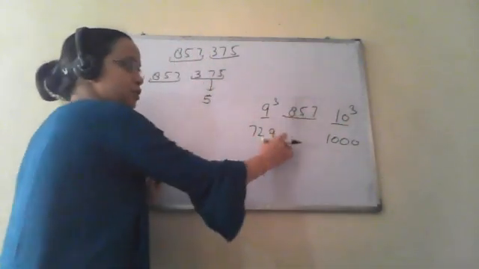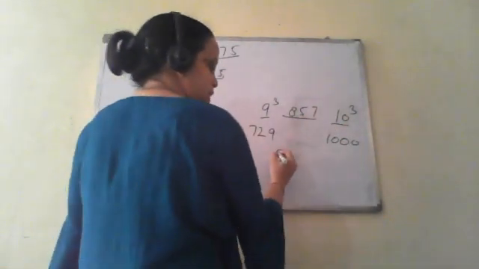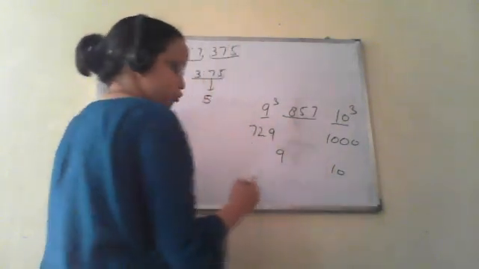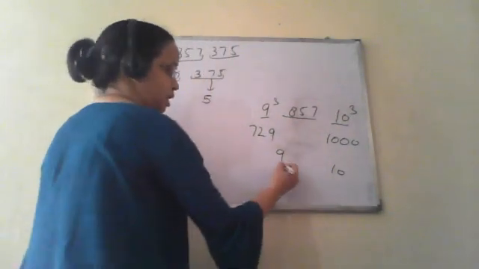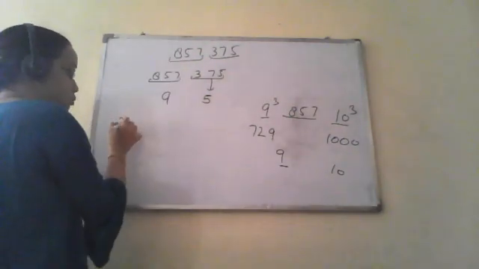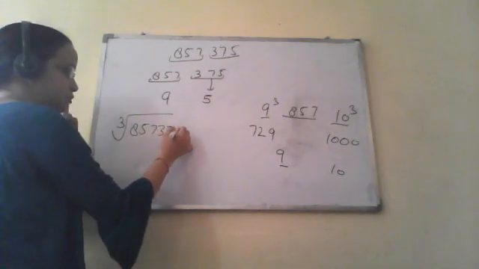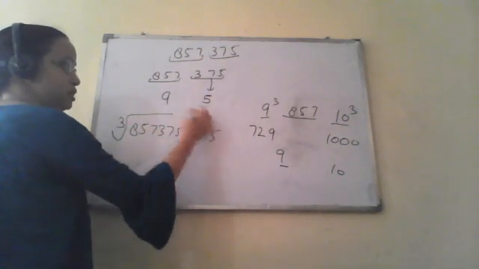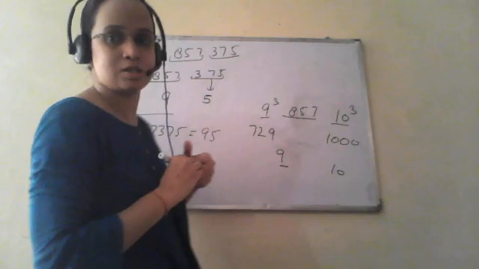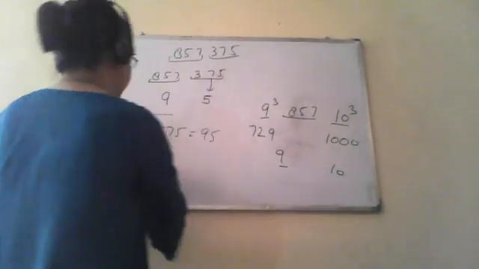That is, it is more than the cube of 9 and less than the cube of 10. So it is between 9 and 10. Which is the smaller number? This is 9, so we will write 9 for this. So the cube root of 857375 will be 95. We simply write this number. So this is the method. I hope this is clear.